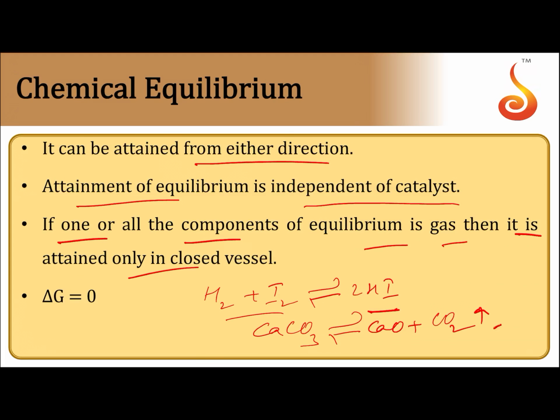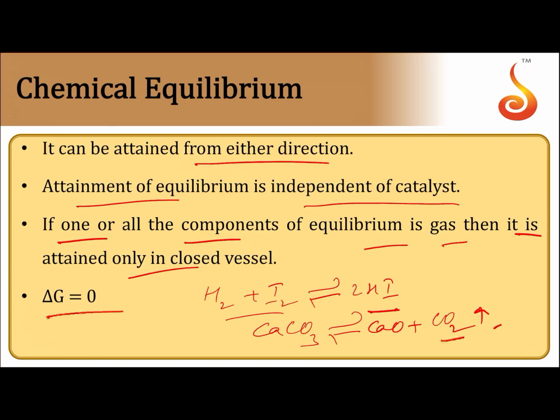In such a case, we cannot attain equilibrium because one of the components escapes into the atmosphere. We can attain equilibrium only in closed vessels.